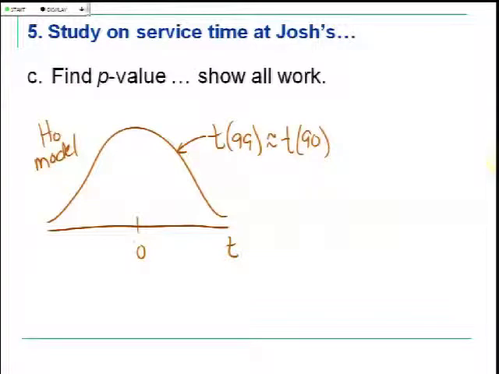Now my table also doesn't have any negatives, and I got a -2. And what will my p-value be? The probability of getting what you did get for your test statistic, or something even more extreme. Which way is more extreme? To the left.